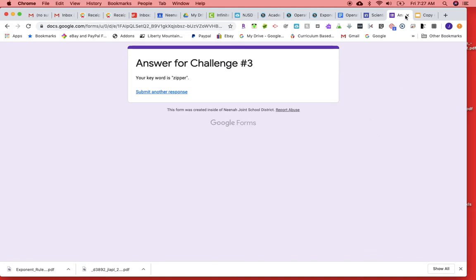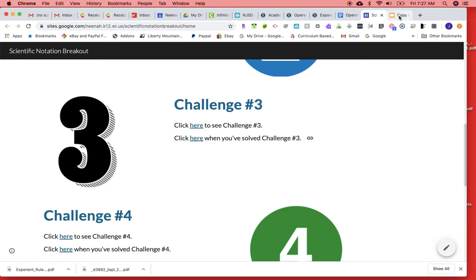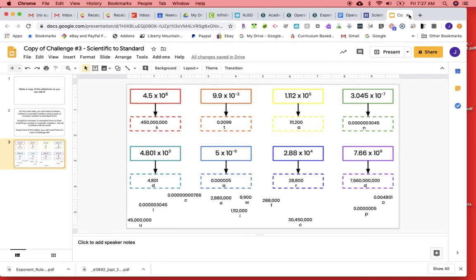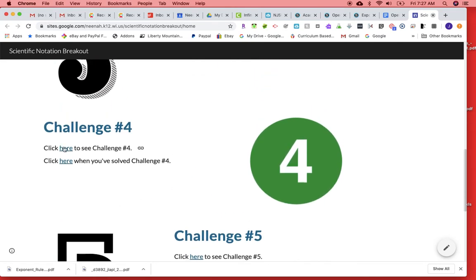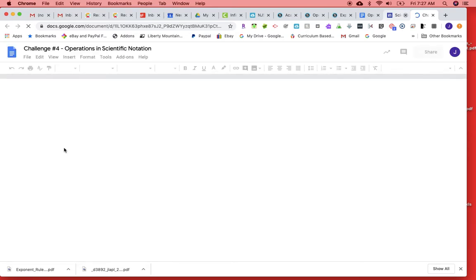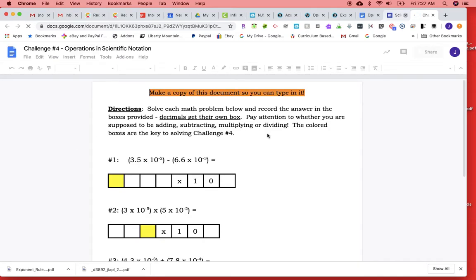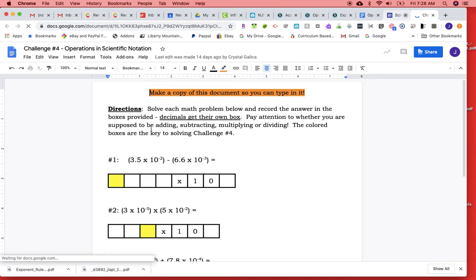All right, so let's move on. Close this one out. Challenge 4. We got 2 challenges left. Over halfway. In challenge 4, it says make a copy of this document so you can type on it.